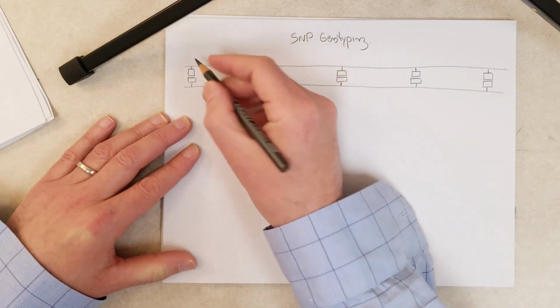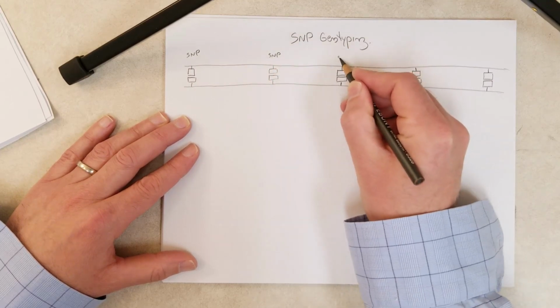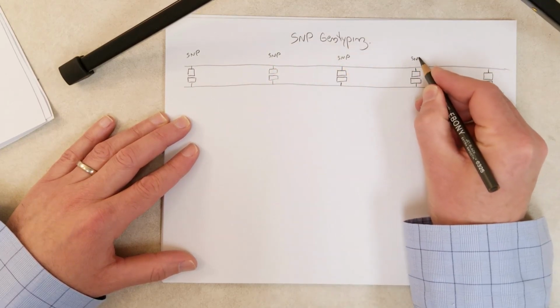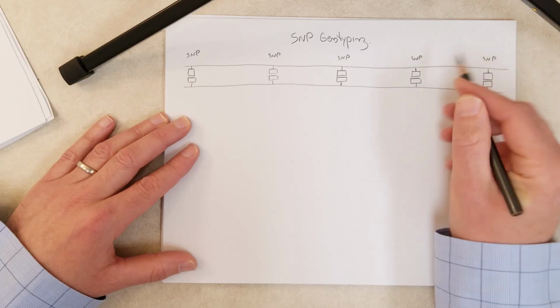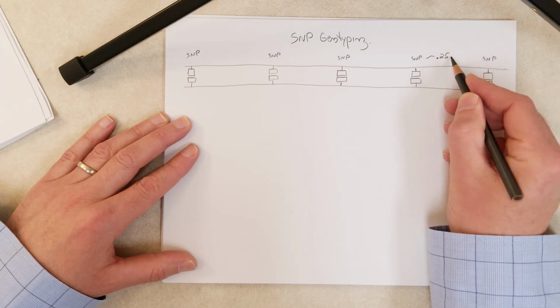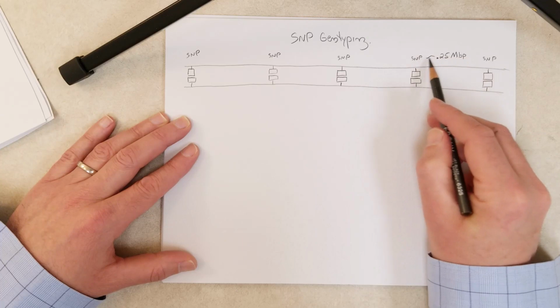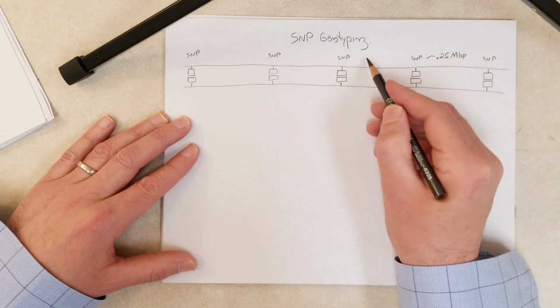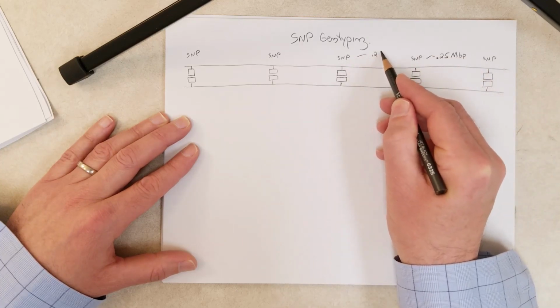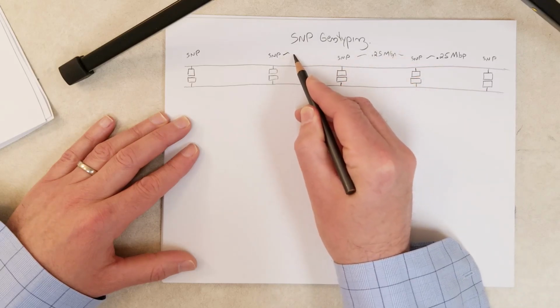So now let's assume these are all SNPs. And let's assume also that these are about 250,000 base pairs apart. So each of these is 250,000 base pairs apart, or 2.5 mega base pairs. So obviously this is not to scale.